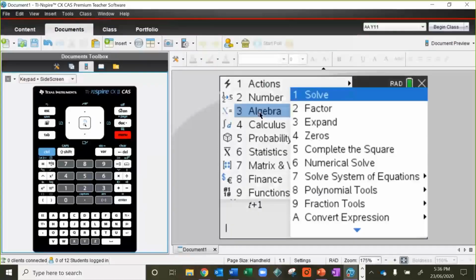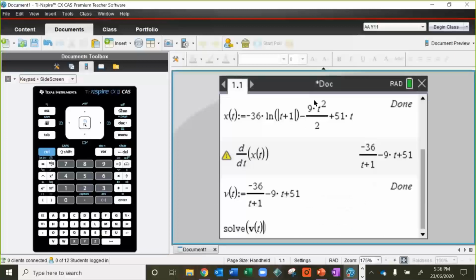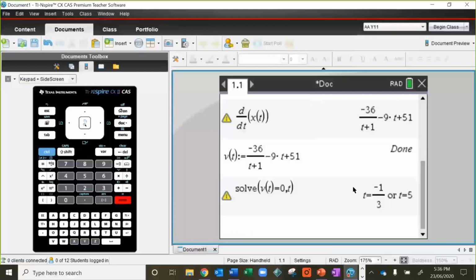So we can use menu algebra solve, and we say v in t equals 0 and comma t. Ignore -1/3. We know it cannot be, t is greater than 0. So we know velocity is 0. So the projectile stops, and that's at the maximum height.